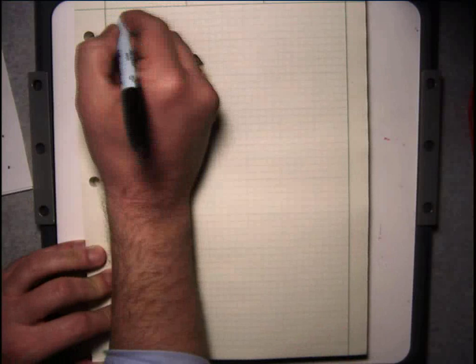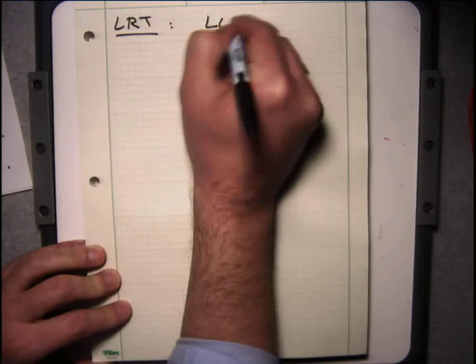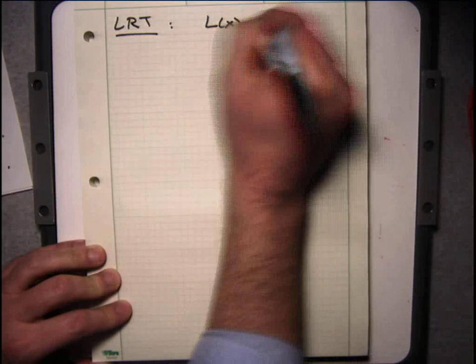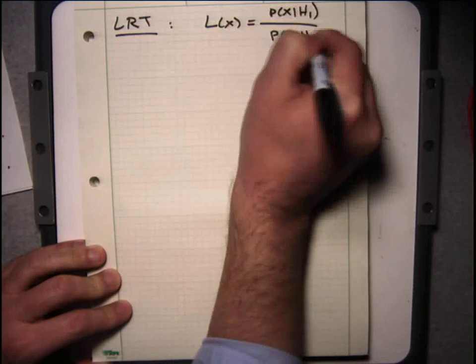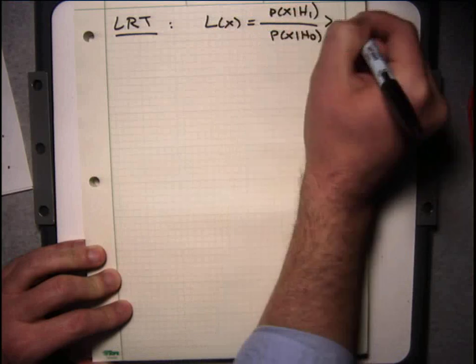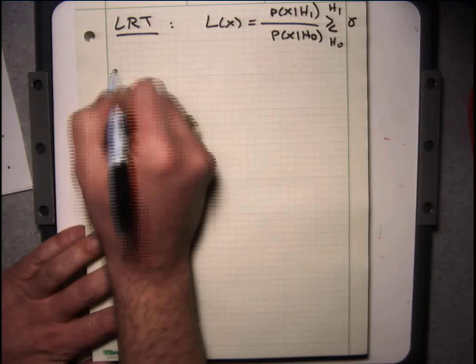So let's describe exactly what that is. The likelihood ratio test is L of x equal to P of x given H1 over P of x given H0, compared to a threshold, H1 and H0.